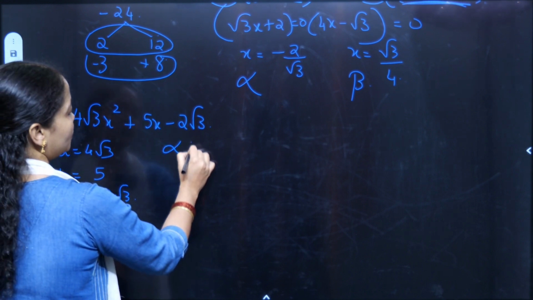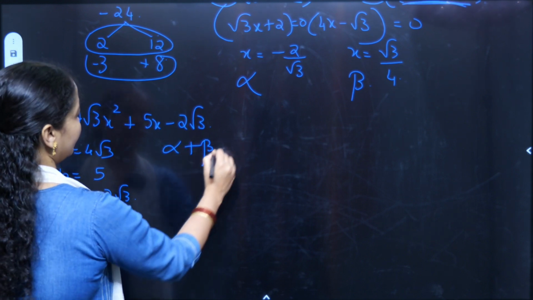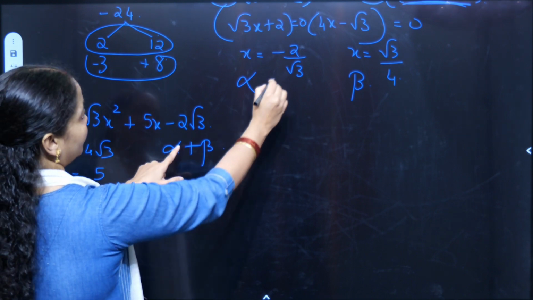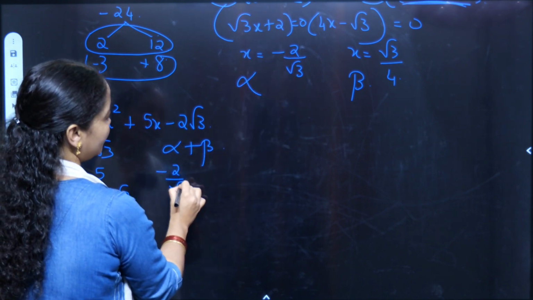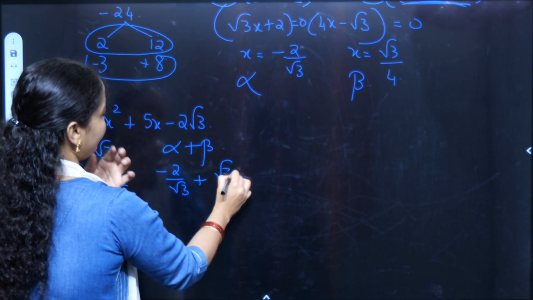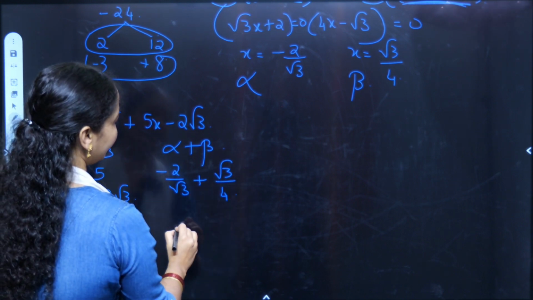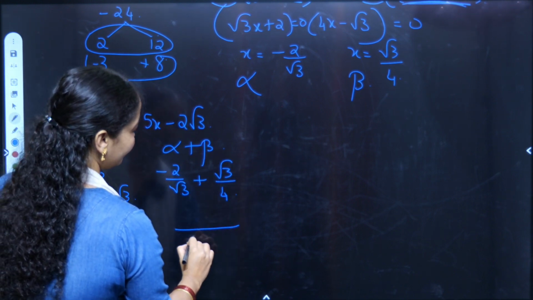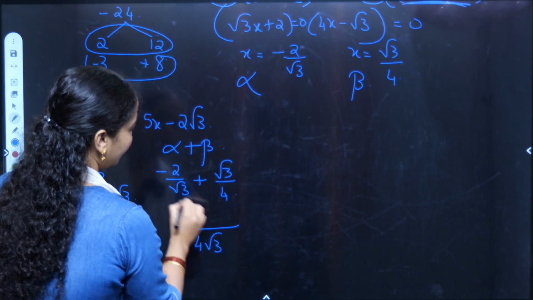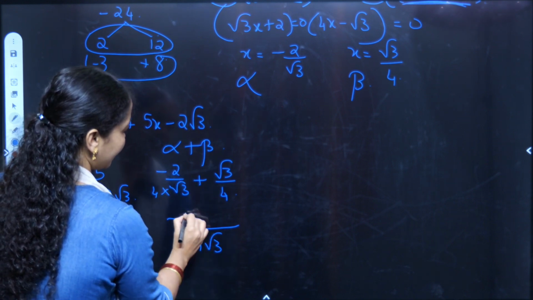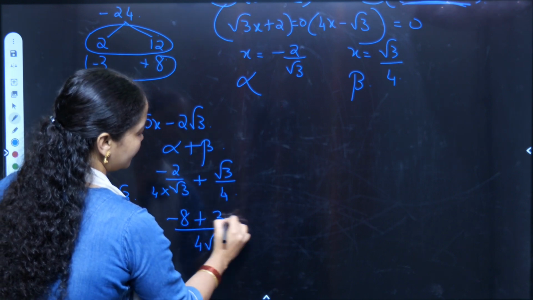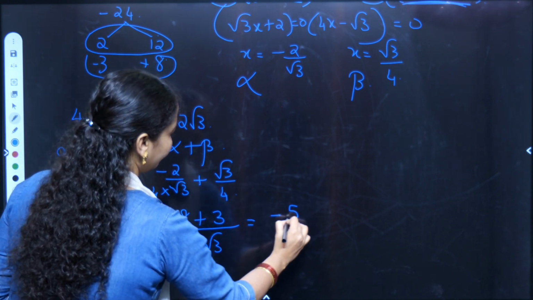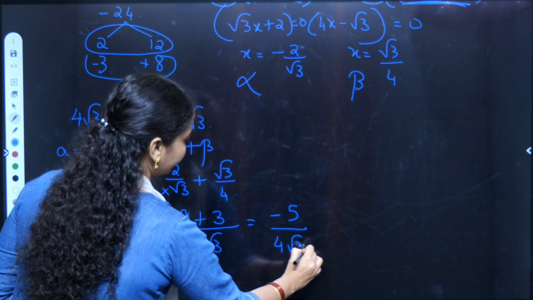So my sum of roots, which is alpha plus beta, from the factored terms is negative 2 by root 3 plus root 3 by 4. I'll take the LCM here, which is 4 root 3. Here 4 is missing, so 4 2s are negative 8. Here root 3 is missing, so root 3 into root 3 is 3. Hence I'm getting negative 5 by 4 root 3.